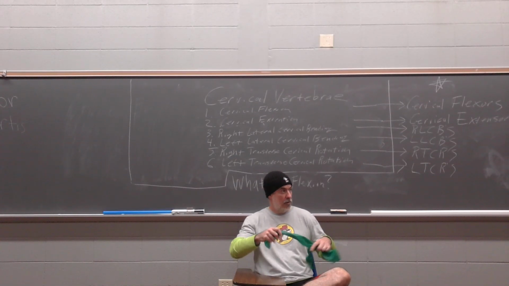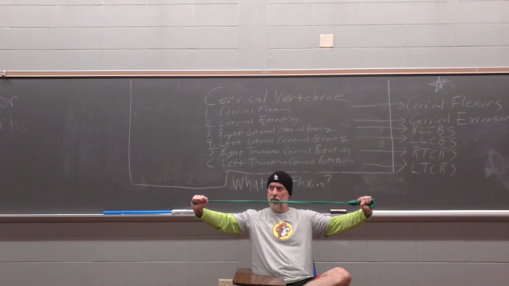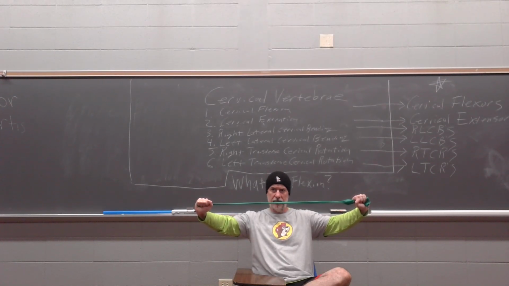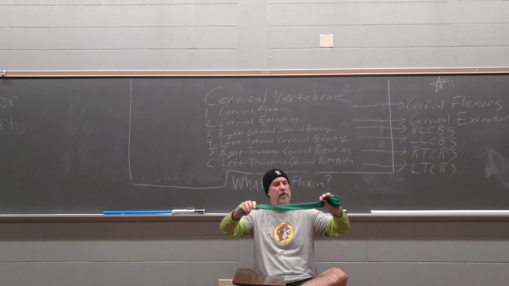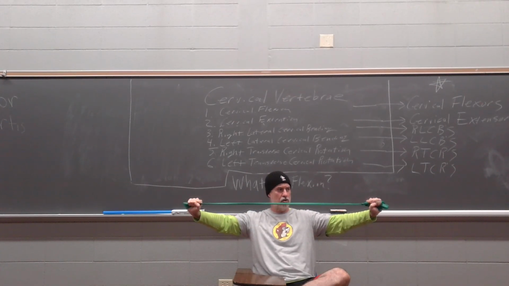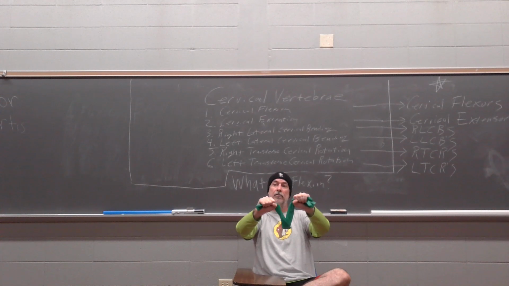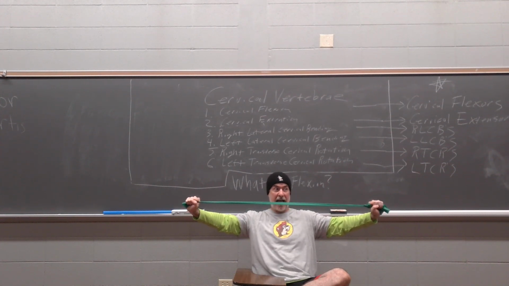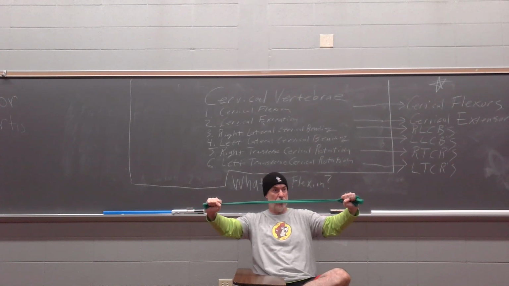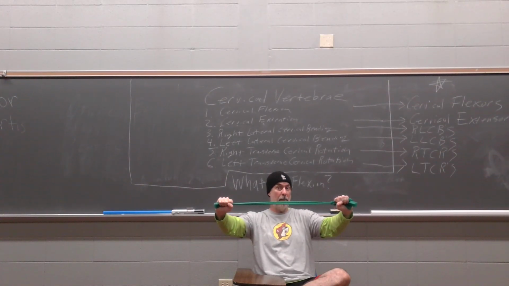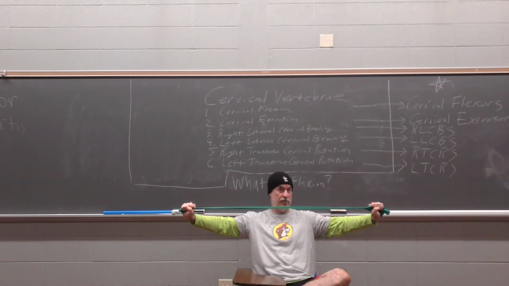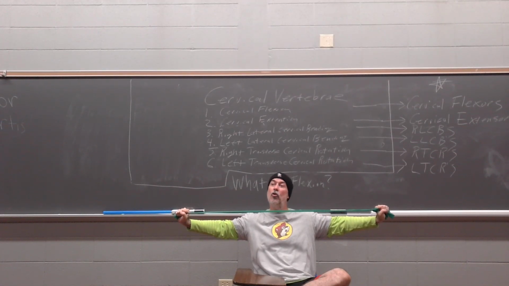Because muscles can only pull, that creates a very unique property of elasticity and tension influencers. What I mean by that is if the TheraBand is trying to pull my hands closer together, if my hands actually move in the direction of pull, this TheraBand is going to get short. And if my hands move in the opposite direction of the TheraBand's pull, the TheraBand's going to get longer.